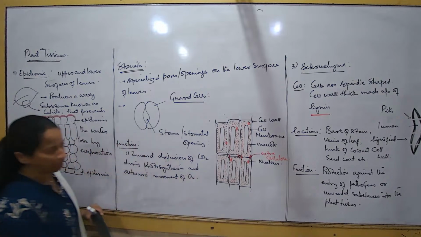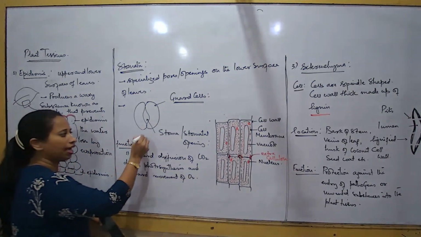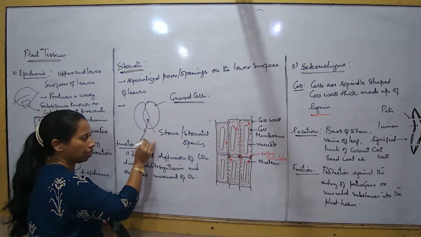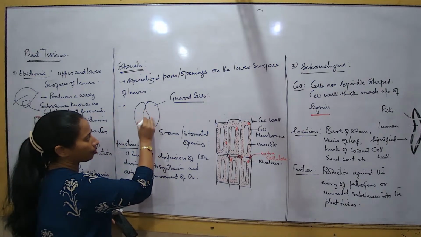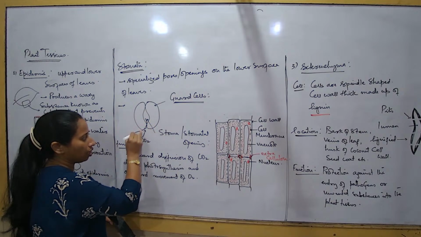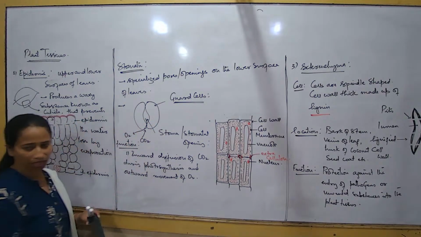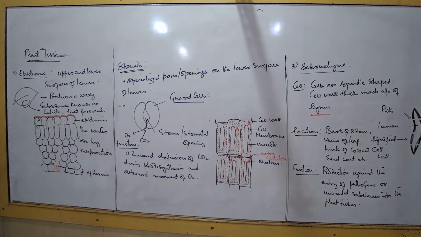Meaning the carbon dioxide moves from the atmosphere towards the leaf, and the oxygen is coming from the stomata to the atmosphere. The direction of movement of the carbon dioxide and the oxygen is just the opposite.